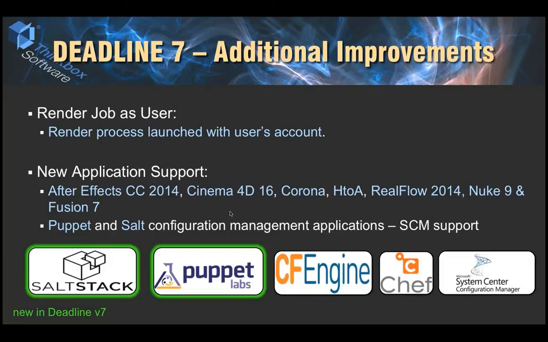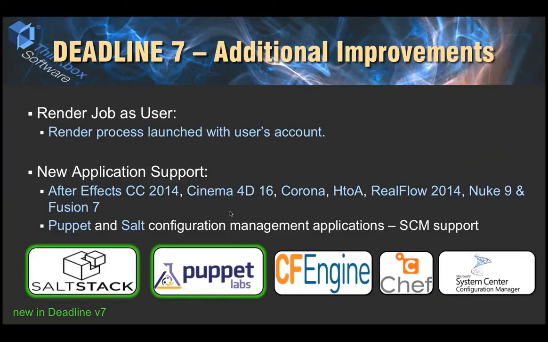And the slave event callbacks that I explained in the last slide effectively allow us to add the ability to add SCM support. So the best possible time to deploy software to your render farm is when you know that your slave is perhaps idle, so you can then report back to the event plugin that we've introduced for Salt or Puppet, which reports back to those actual server management systems to say, hey, is there in my manifest, my template file, is there any software that needs deploying onto me, this particular machine?